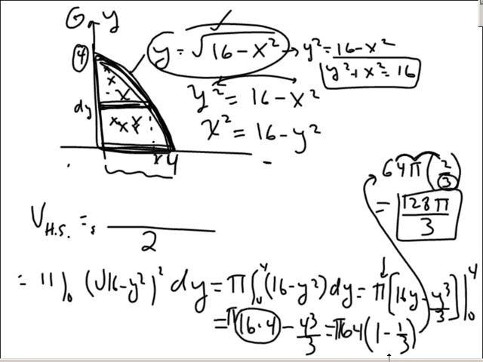The volume of a sphere is, I think, pi r cubed over 3. Now, r is 4. So it's pi times 4 cubed over 3 times 2.